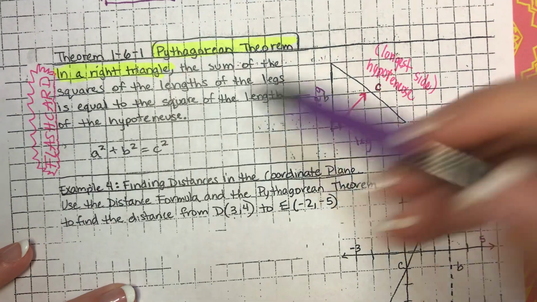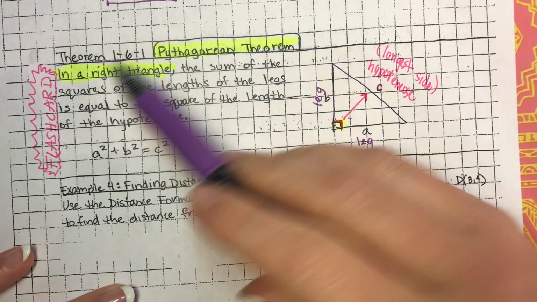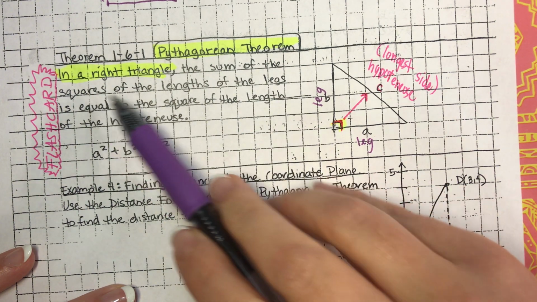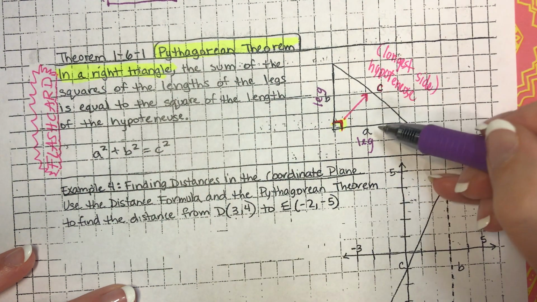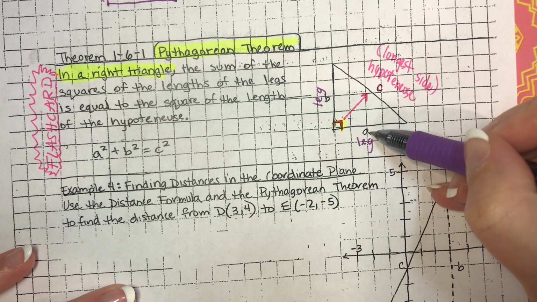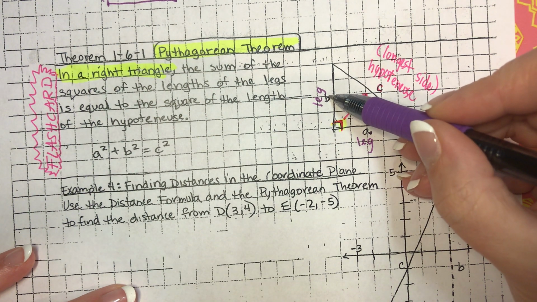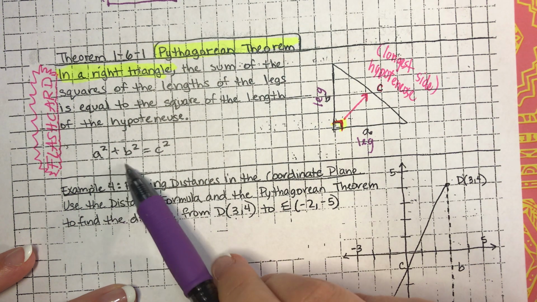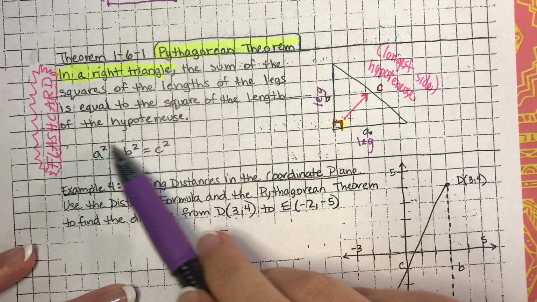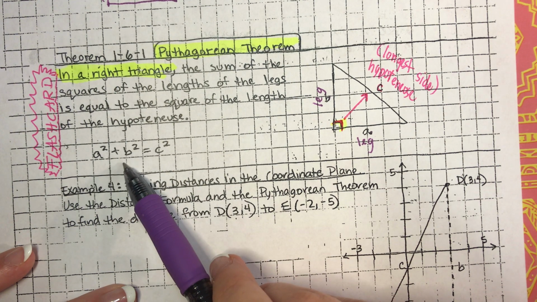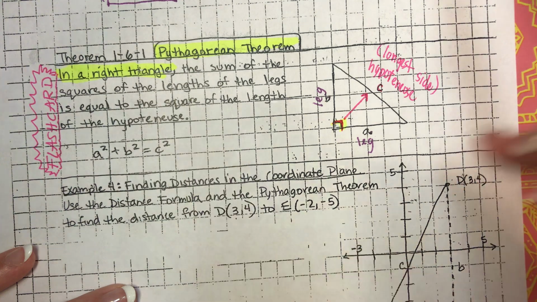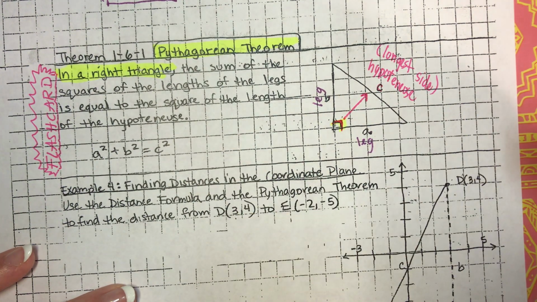So in a right triangle, we have the sum, that means we're adding, of the squares of the lengths of the sides. A squared is the square of a leg, and B squared is the square of a leg. The sum of those two things, which means we're adding them together, so A squared plus B squared, is equal to the square of the length of the hypotenuse, which we're calling C, so C squared.